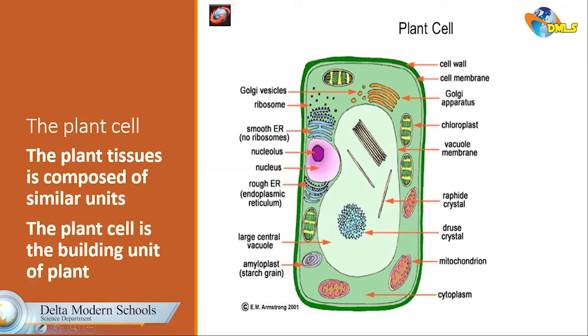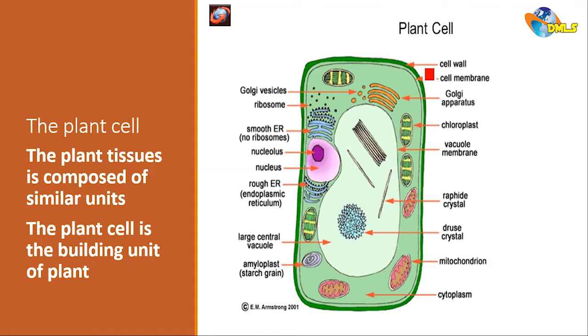So, the next question comes up in your mind. Okay, I want to see what the structure of the plant cell is, or what the difference is between a plant cell and an animal cell. I want to know the difference between my body and a tree, for example. So a plant cell consists of a cell wall, a cell membrane, and a nucleus.